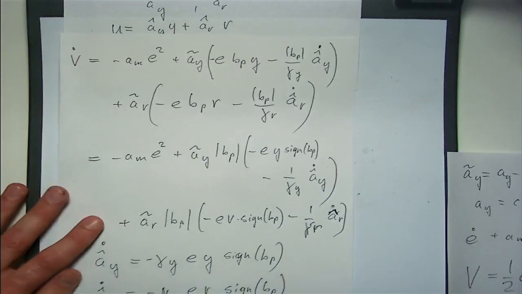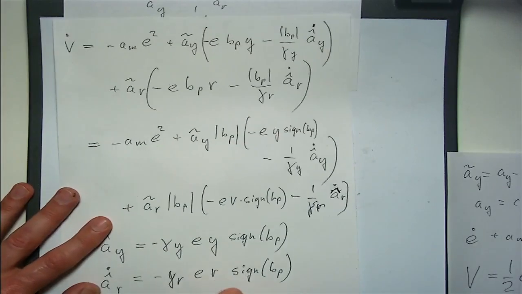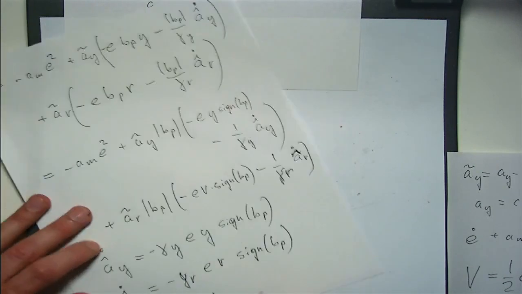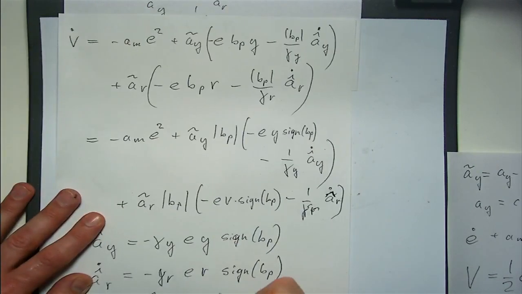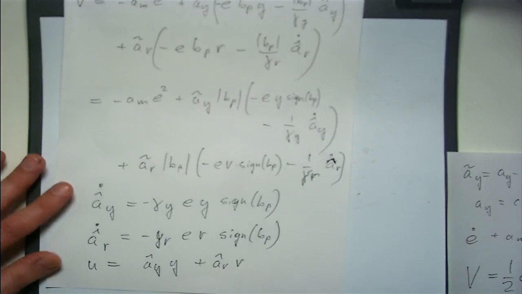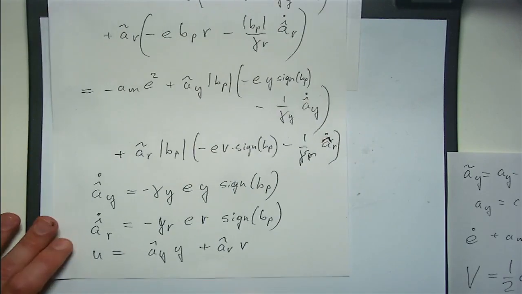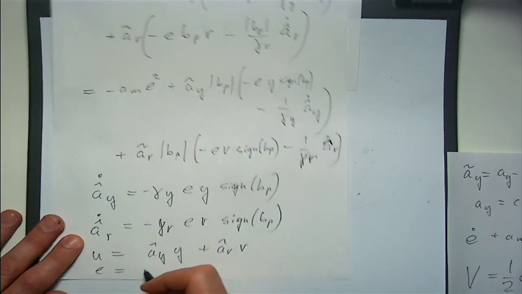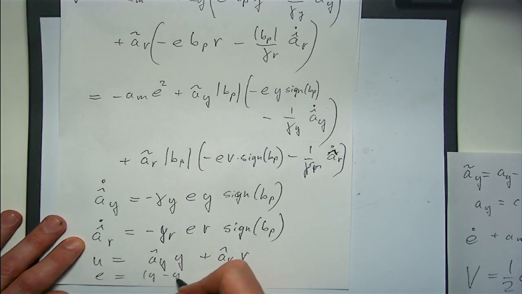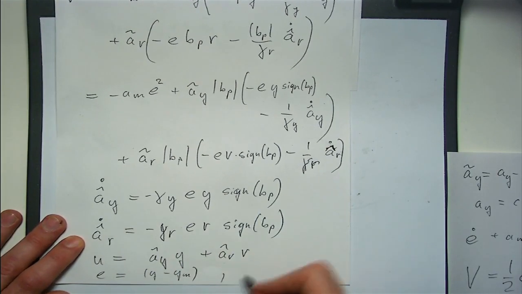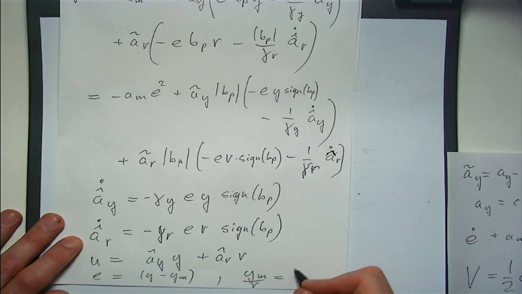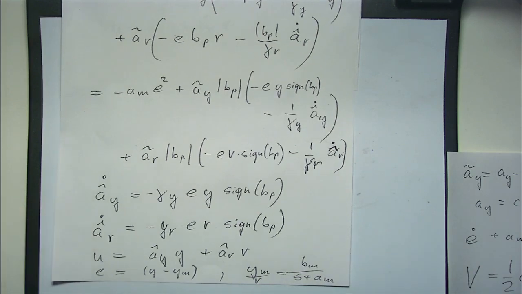Yes, there it is: AY hat Y plus AR hat R. We know that E equals Y minus YM, and we need to create our YM, which is the result of YM over R equals BM over S plus AM. Okay, so this is our adaptive law here.